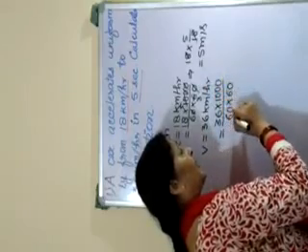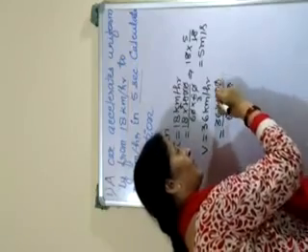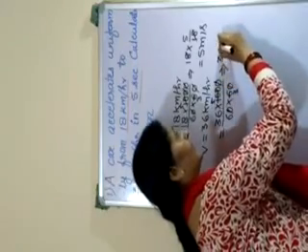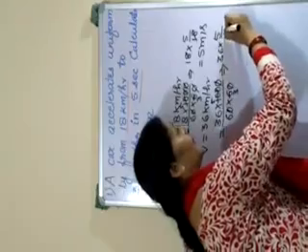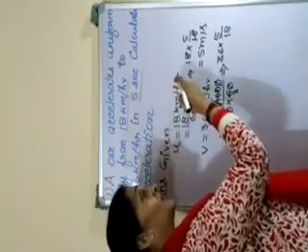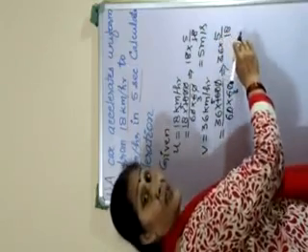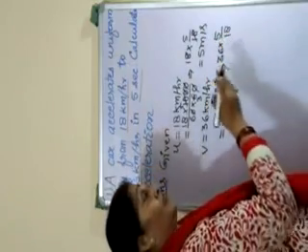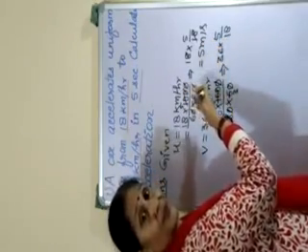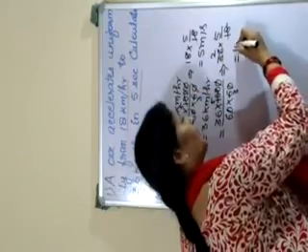Only this part we will solve, then we will get 36 into 5 by 18. When we have to convert kilometer per hour into meter per second, we simply multiply by 5 by 18. Now cancel it. This is equal to 10 meter per second.